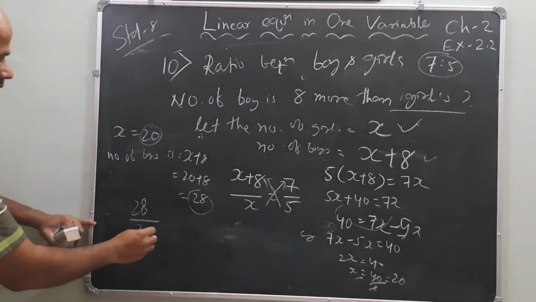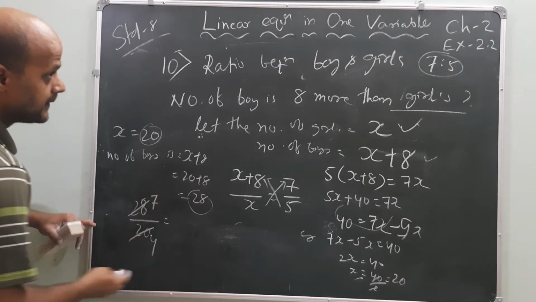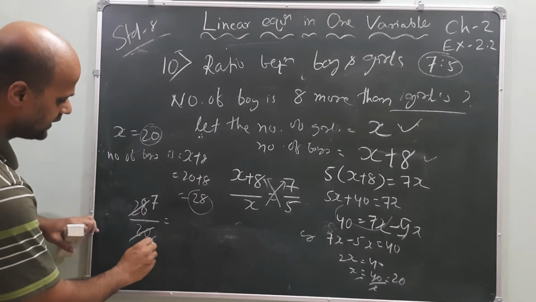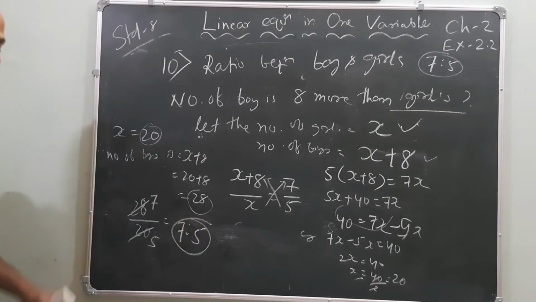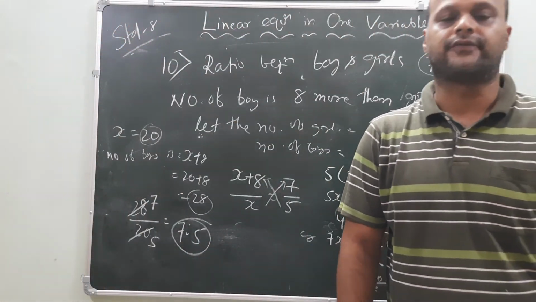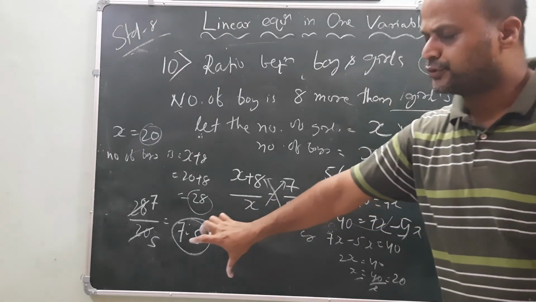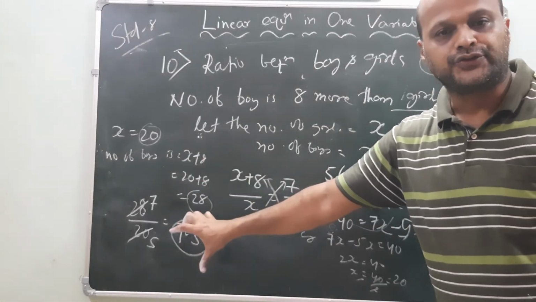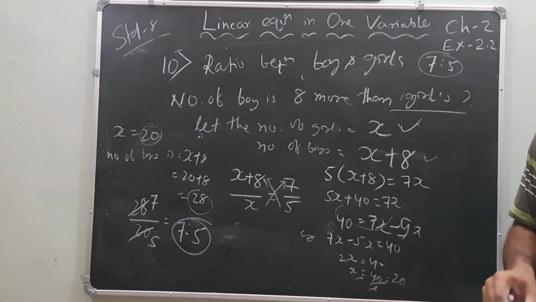How much is it coming? 7:5 or not? Then our answer is correct here. So always remember, my dear friends, after doing all those things, you have to put the values of the answer in the question and find out whether the answer is correct or not.